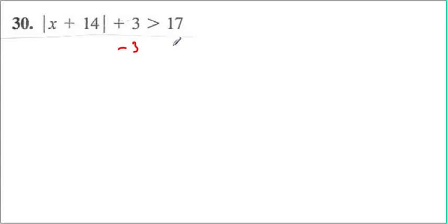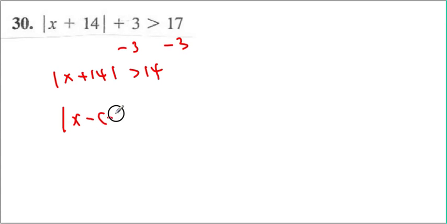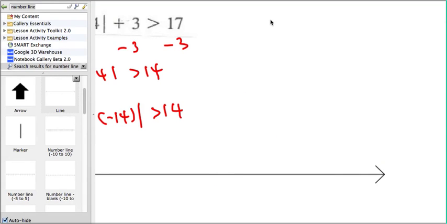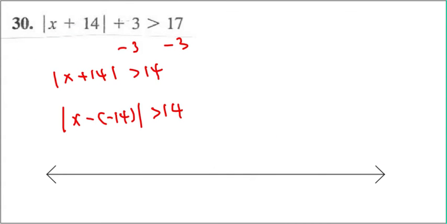We can subtract 3. Then what we end up getting is the absolute value of x plus 14 is greater than 14. Now, this basically means x minus -14. The reason why I'm saying this is because -14 now becomes the center of our inequality. So then here, if we have a line this way, since the center is at -14, I can go up and down by 14.